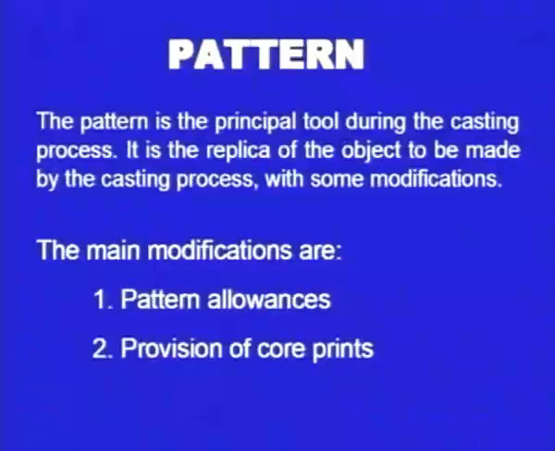In that context, even the pattern geometry will be modified so that it can accommodate cores. So there will be two modifications for the pattern. First modification is because of the allowances. These allowances we will be seeing later, and the second modification is in the context of core prints.